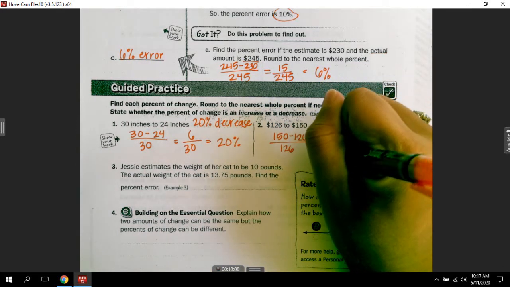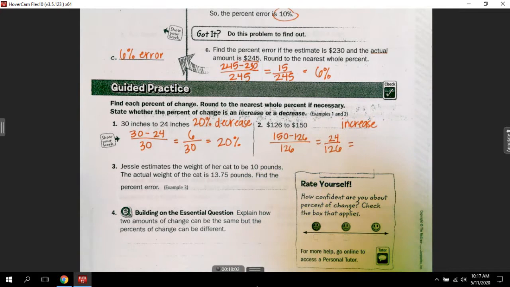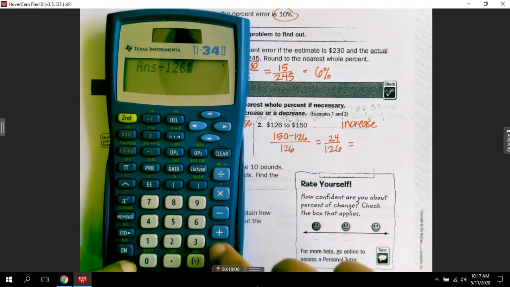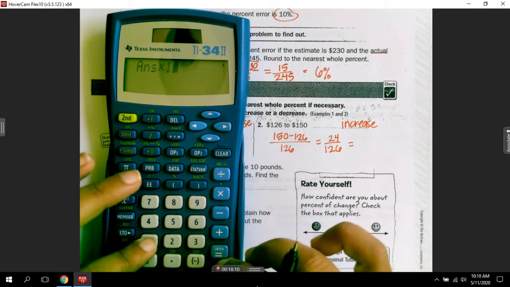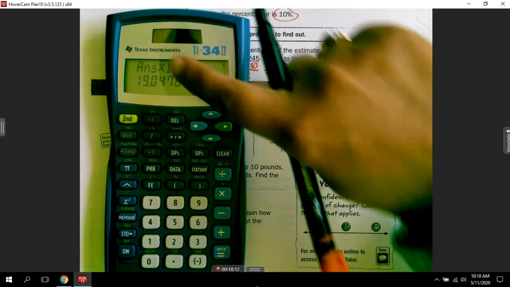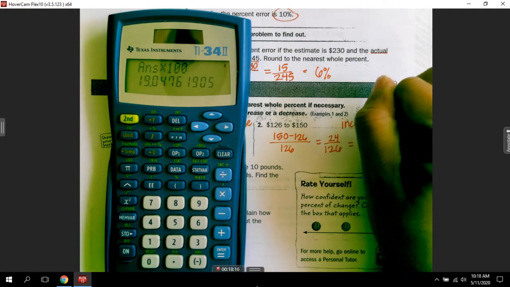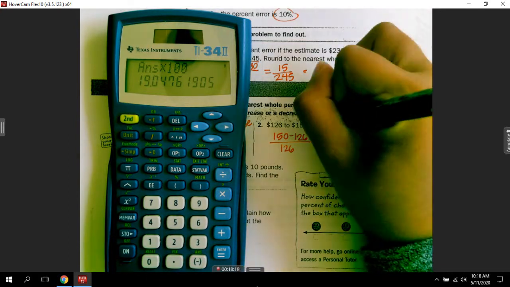Divide 24 by 126. 24 divided by 126 gives you 0.190, so that's just going to be 19%, because it's 0.0, so you just forget about it. So that's a 19% increase.